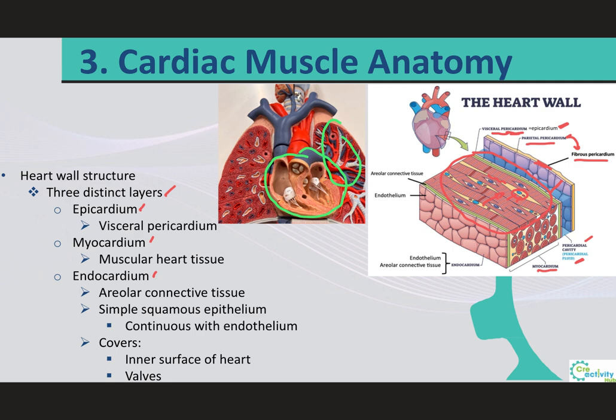Therefore, it makes sense that the left ventricle has to be more aggressive when it is contracting to make sure that the blood reaches all the organs that are spread throughout our body. And for this reason, the wall of the left ventricle will be thicker than the wall of the right ventricle.